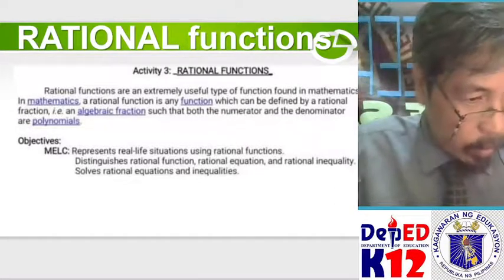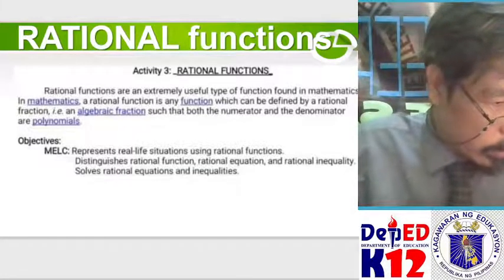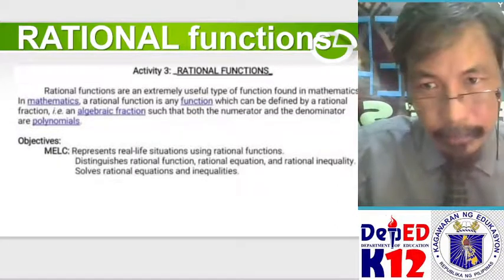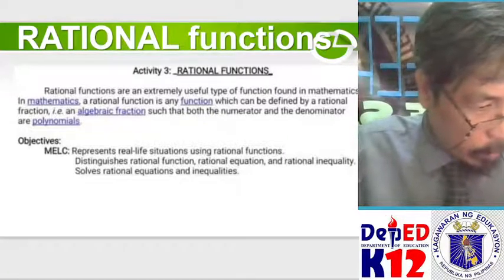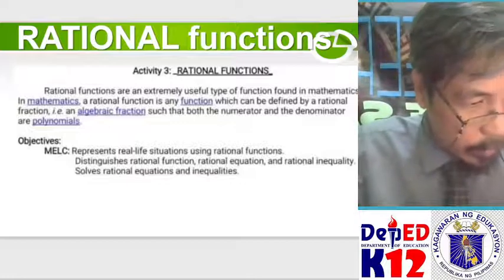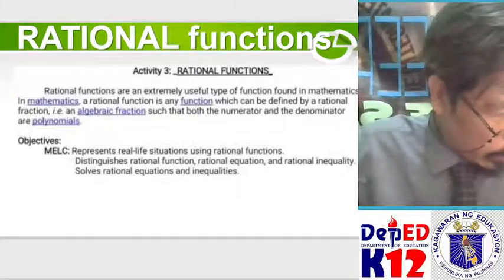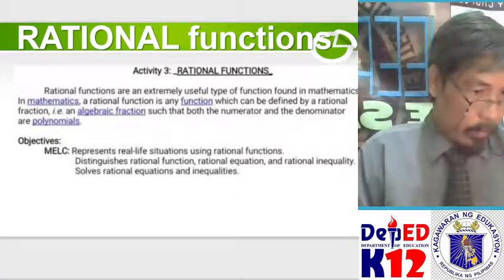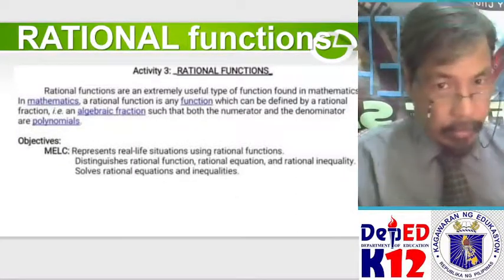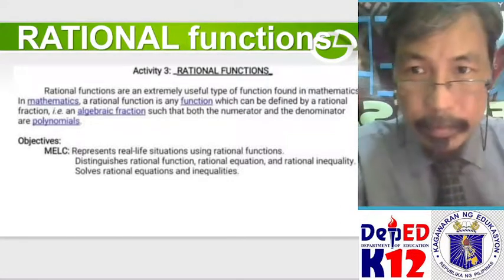A polynomial, for example, 3x squared minus 4x plus 8. That is a polynomial, and that is the numerator. How about the denominator? For example, x plus 6, x minus 9, x plus 1. So numerator and denominator are both polynomials.